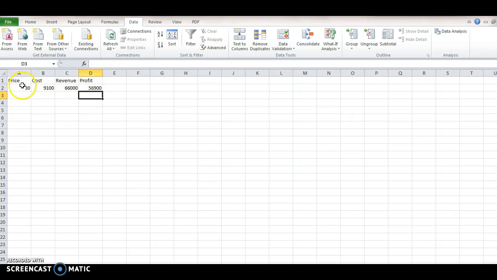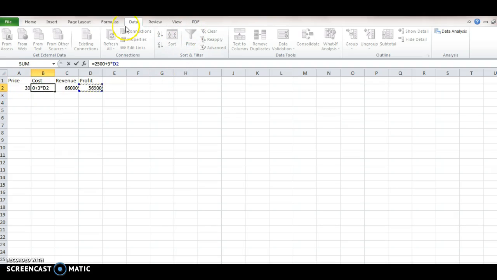Now notice we have a price column rather than a quantity column. So in each one of these formulas, we are explicitly assuming that the quantity is 2,200. So what we want to do is now use the goal-seek analysis and vary the price, set that changing cell.